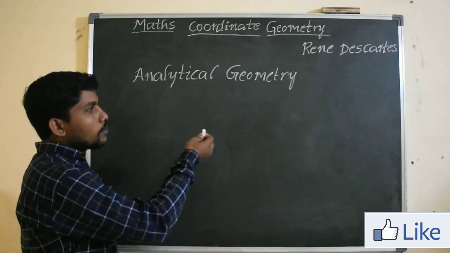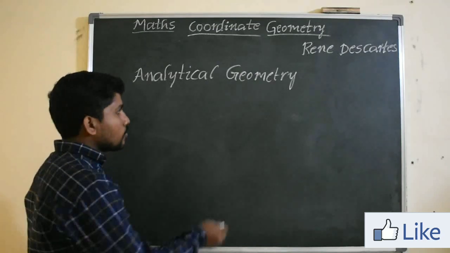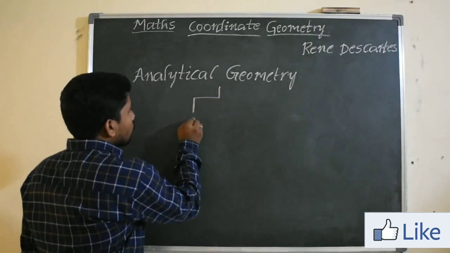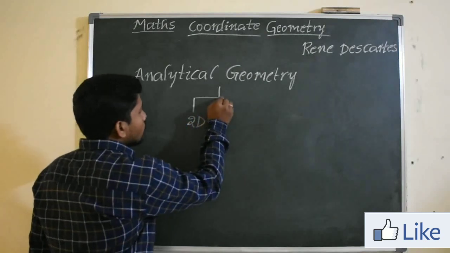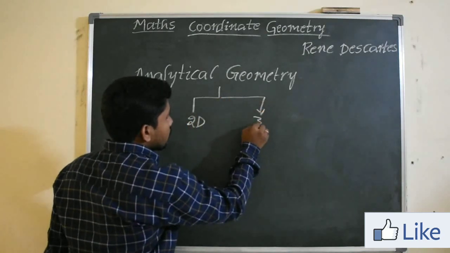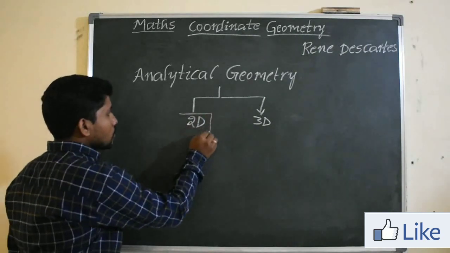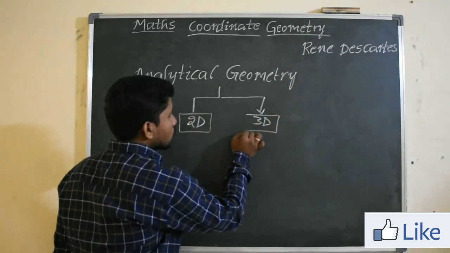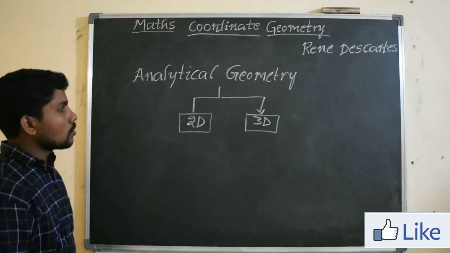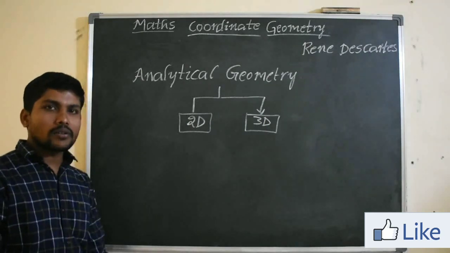So how many types of coordinate systems do we have? We have 2D as well as 3D. 2D denotes 2 dimensions, and 3D denotes 3 dimensions: a 2-dimensional coordinate system as well as a 3-dimensional coordinate system.